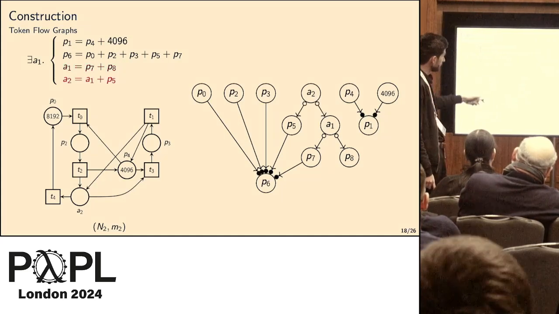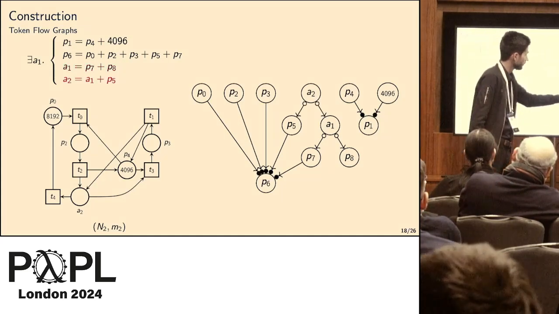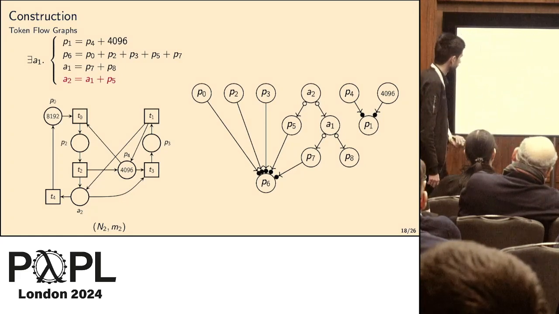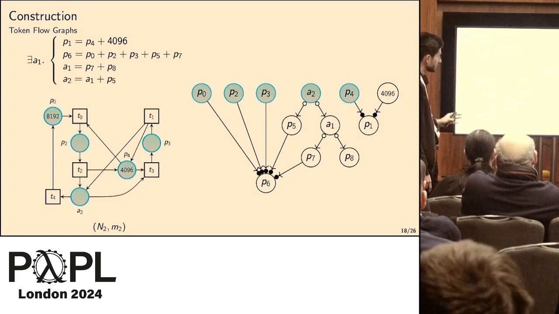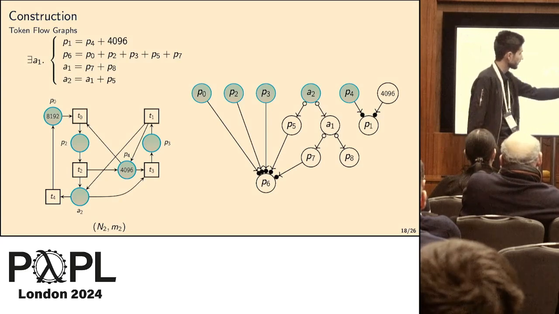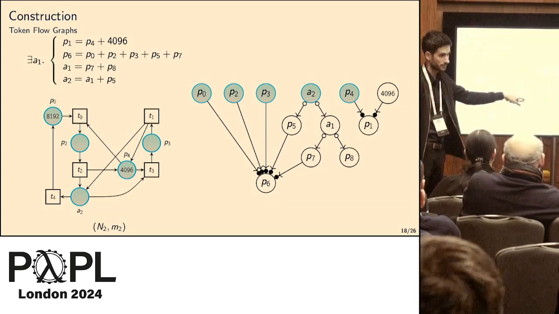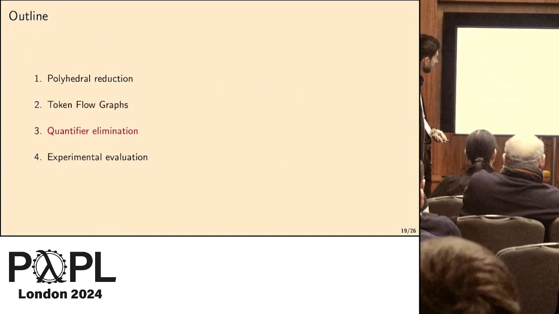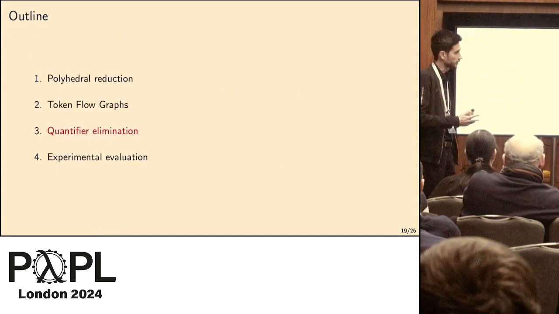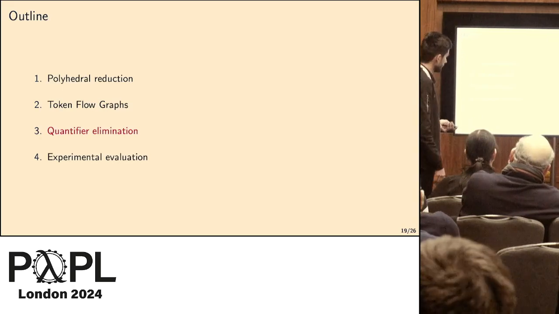We have the same here for A2: P5 plus A1 is equal to A2. You can remark that if we forget about the constants, the root of our graph is exactly the places of the reduced net.